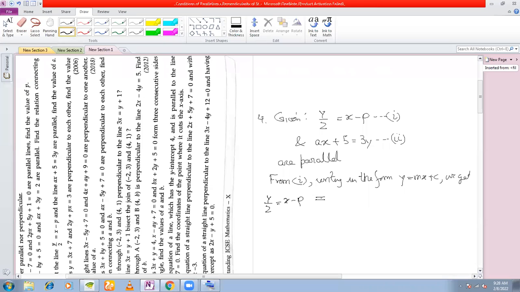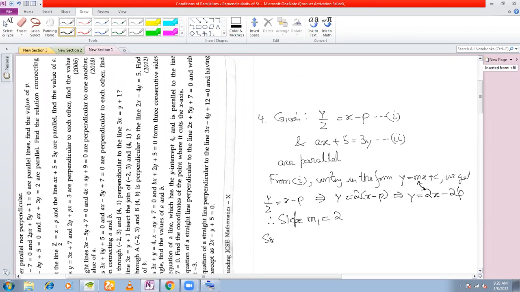Cross multiplying, you get y is equal to 2x minus 2p, right? Which is of the form y is equal to mx plus c. So what is the slope here? 2, isn't it? Therefore slope m1 is equal to 2.